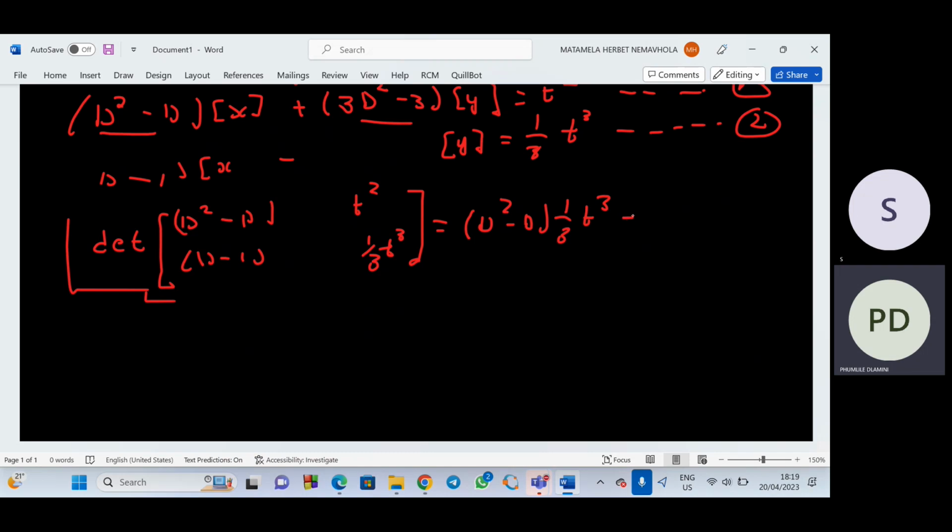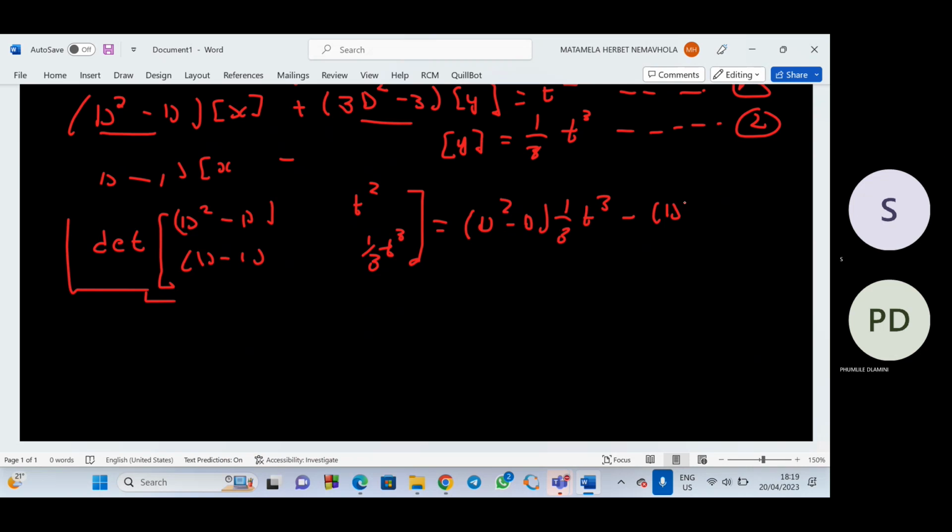I was thinking it's squared there. Then minus is going to be d. D is going to be d. It's going to be d minus 1, and then it's going to be t squared there. Are you still here?